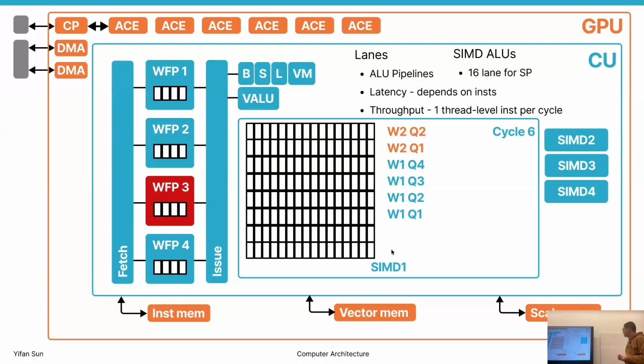Second thing, SIMD length. So for SIMD length, this has 16. This has 32 per SIMD. 16 means 4 cycles per warp. 32 means 1 cycle per warp.